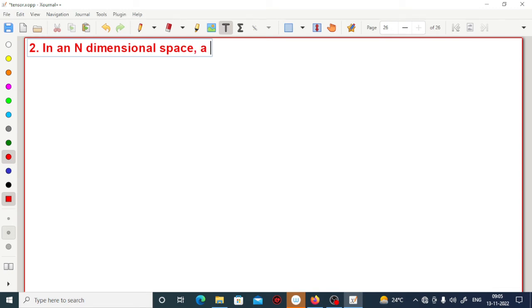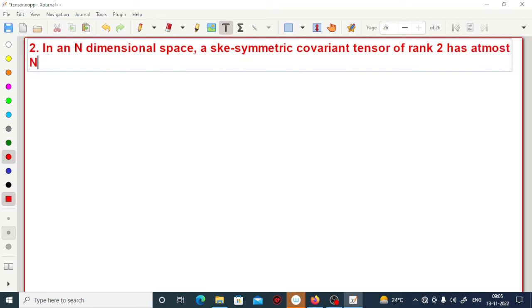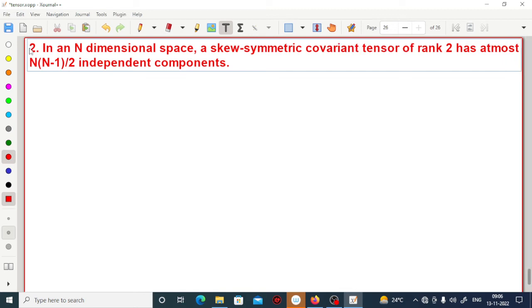In an n-dimensional space, a skew-symmetric covariant tensor of rank 2 has at most N(N−1)/2 independent components. Okay, this many number of independent components.